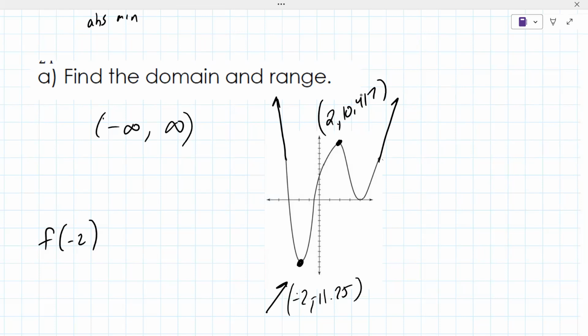Yeah, I think I found it. So I got x equals -3, -0.5, and 4.